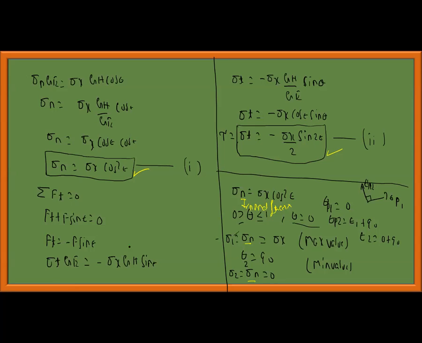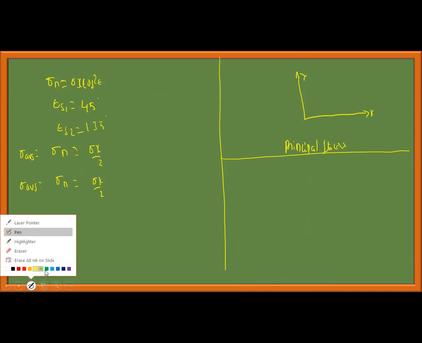At theta equal to 0, I have sigma 1. This sigma n is equal to sigma 1. I will indicate it with respect to a plane like this.